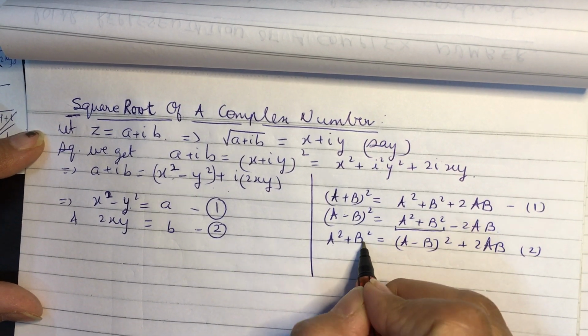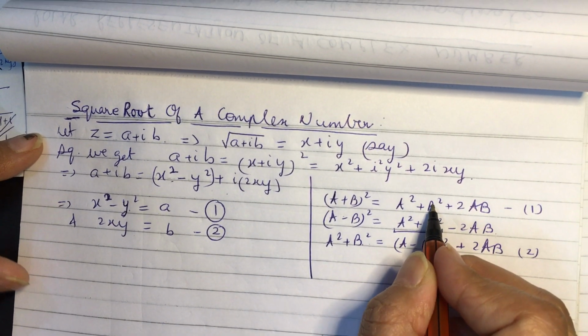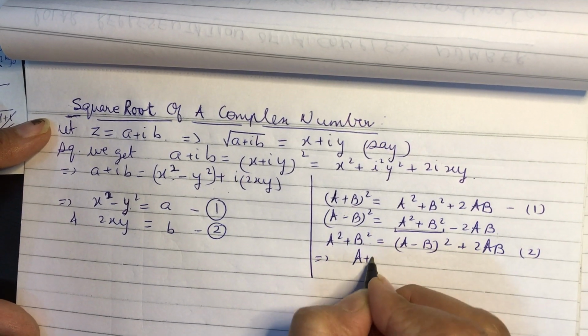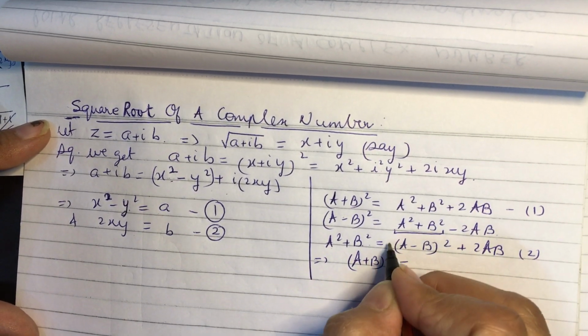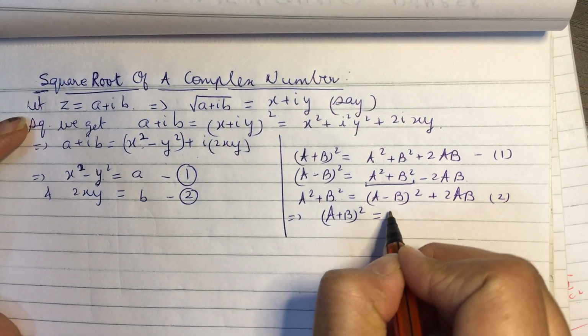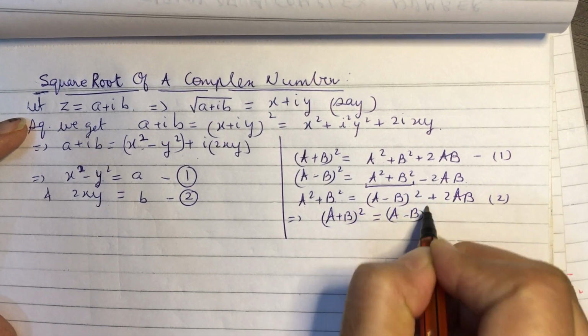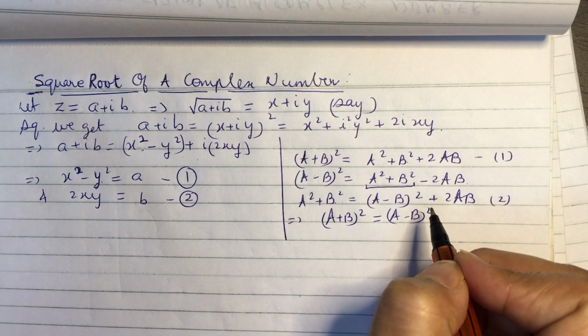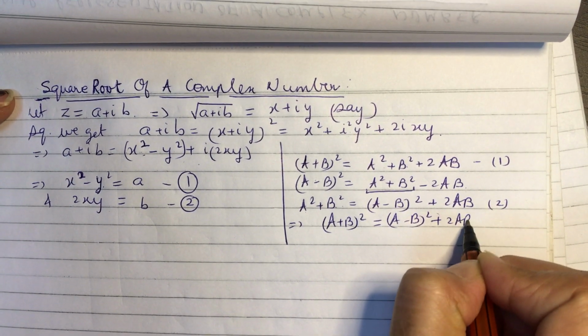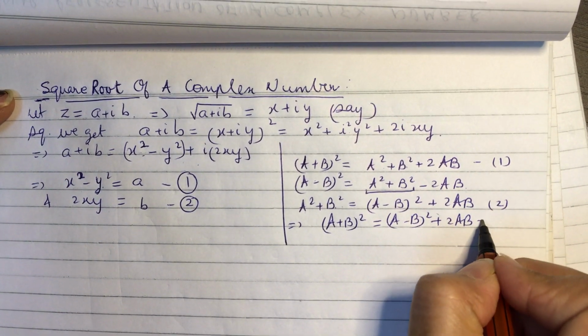Substituting the value of a square plus b square from 2 to 1, we get (a plus b) whole square is equal to, in place of a square plus b square, we will write (a minus b) whole square plus 2ab, but this 2ab is also already there.